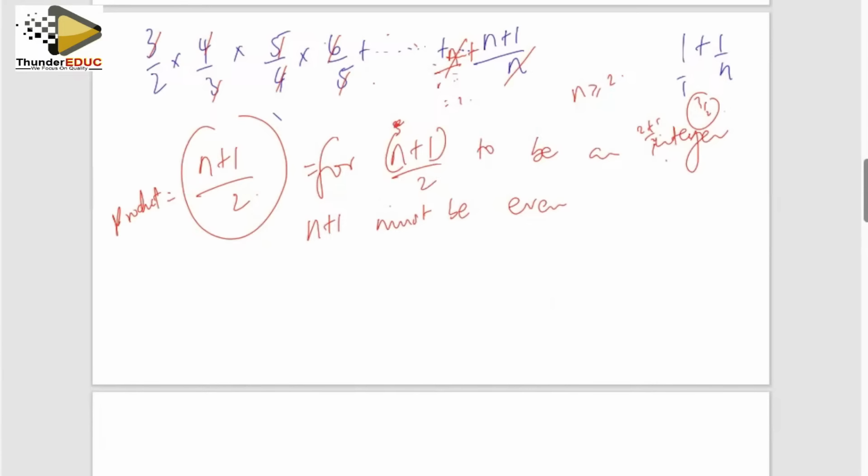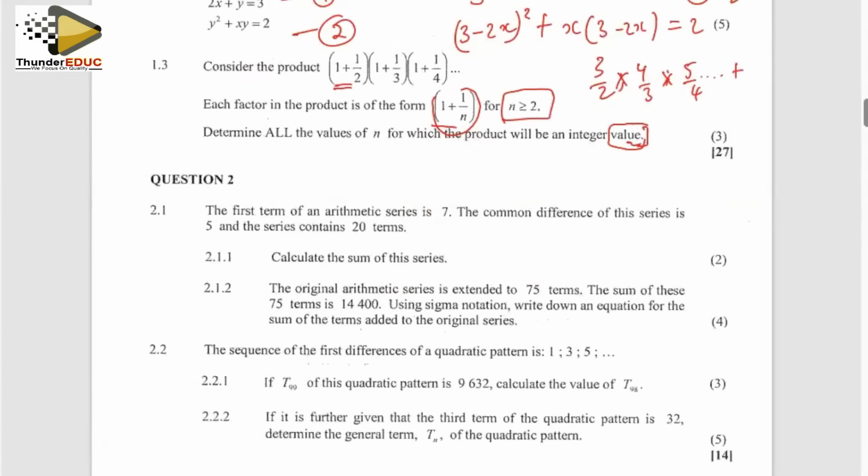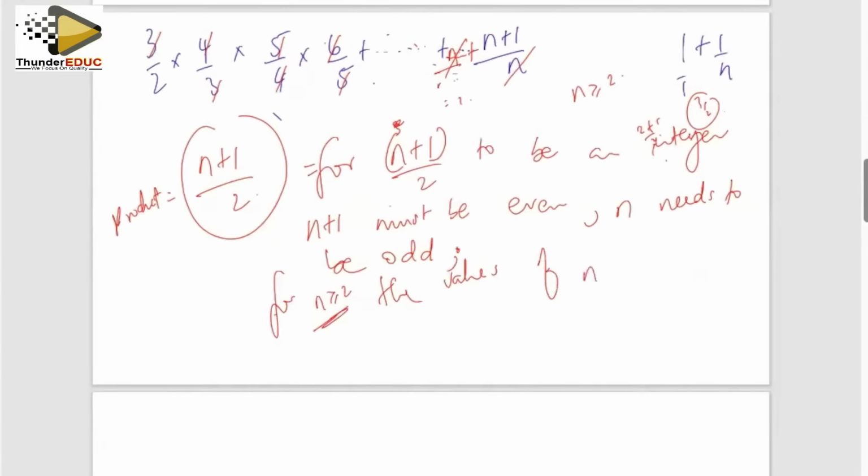And if it is even, n needs to be odd, because we have already a plus 1. Okay, so if that is true, we're going to say that for n greater or equal to 2, they say the values of n will be all the odd numbers.